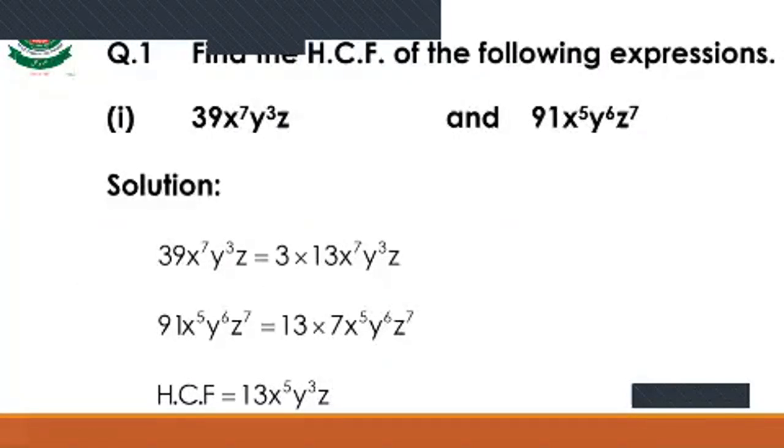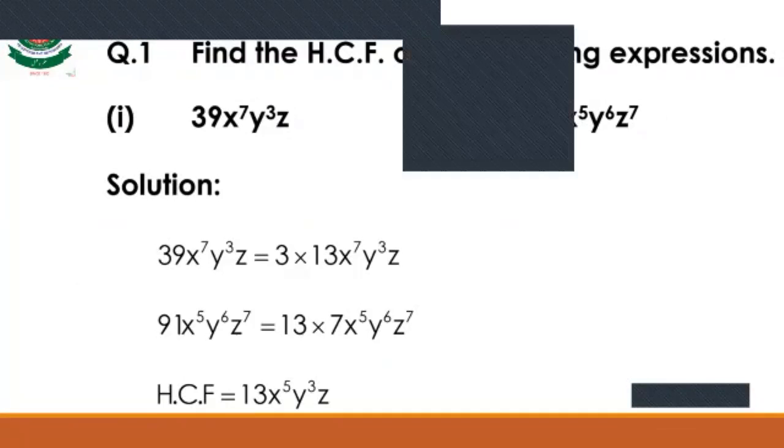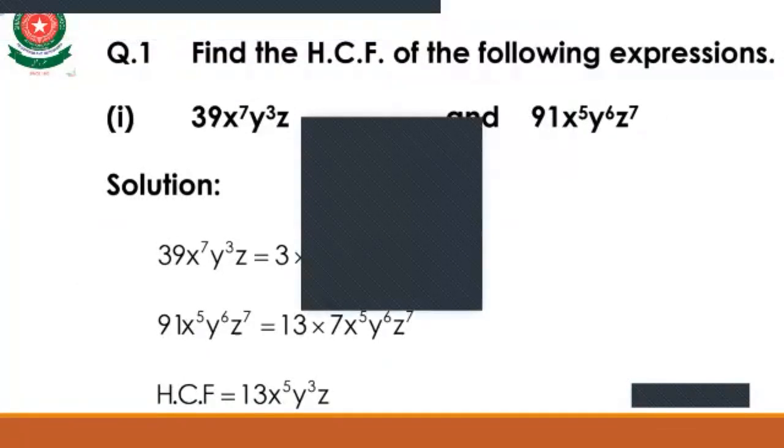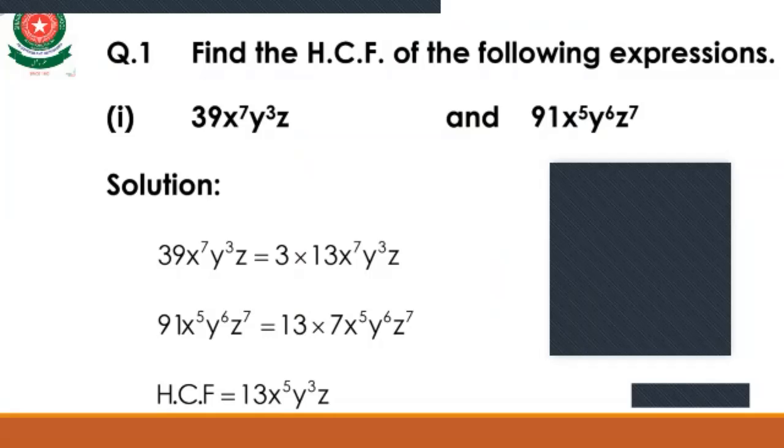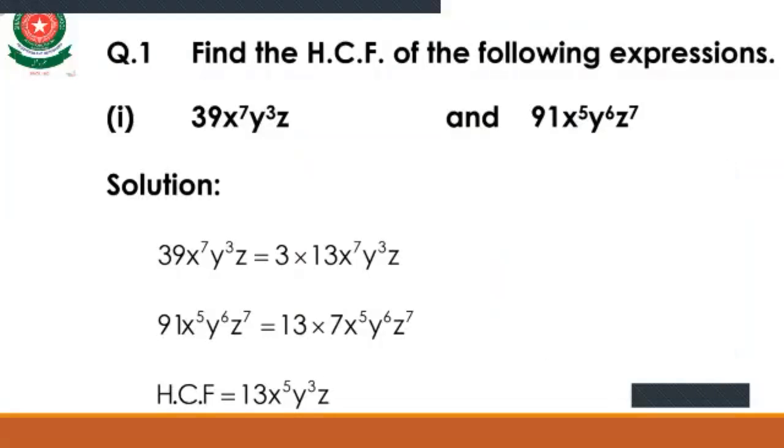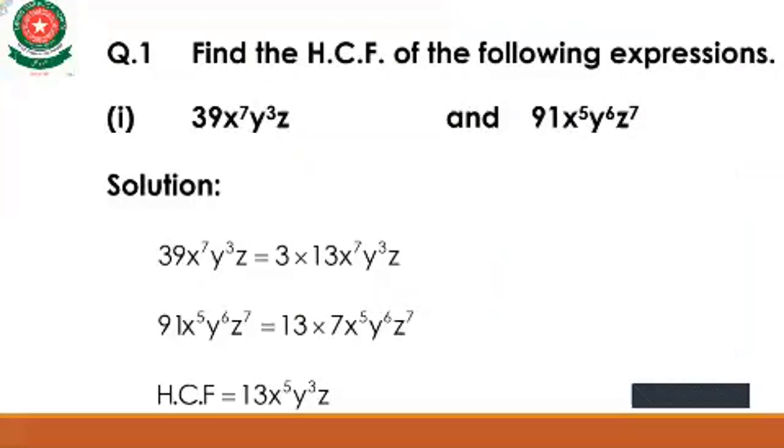Our first question is 39x^7 y^3 z, and its second term is 91x^5 y^6 z^7.